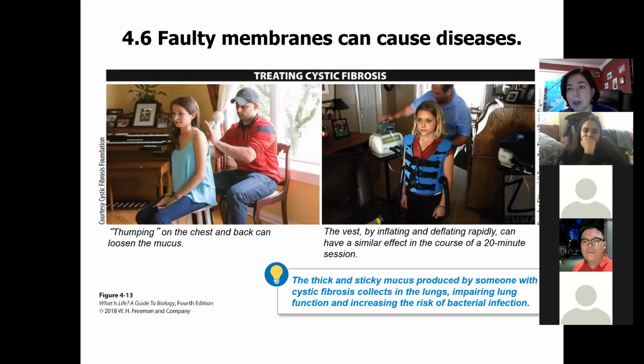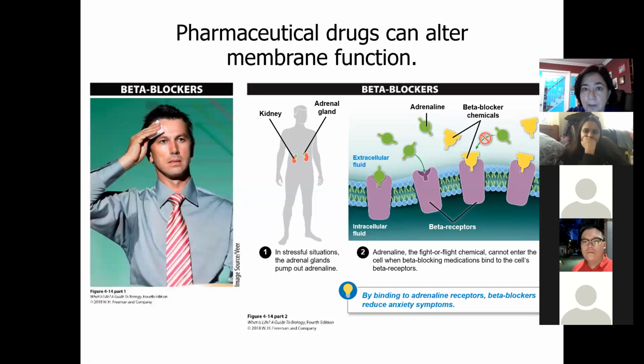If you have too much mucus and too many fluids, it's a breeding ground for germs. So in this genetic disease, they need a bunch of medications. They also need to clear the airways. You see this special vest that helps this girl get rid of extra mucus from her airways. Again, cystic fibrosis is one of the common genetic diseases, and it's due to abnormal function of proteins on the cell membrane.